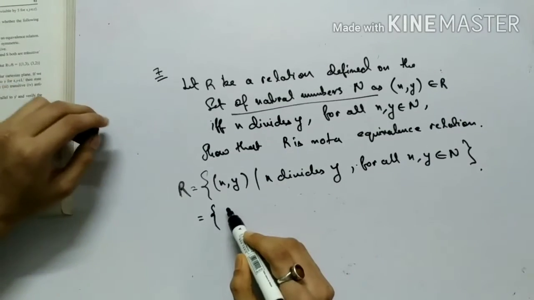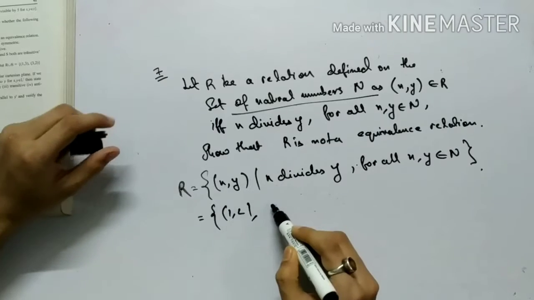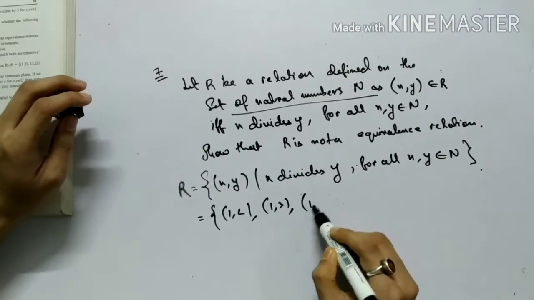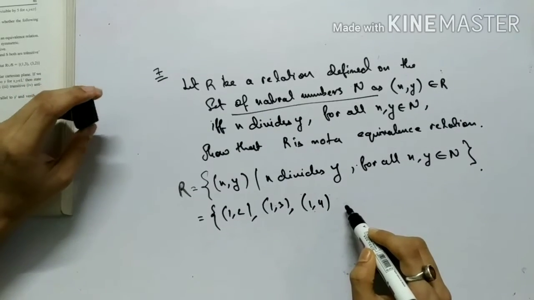So this relation will be (1,2), (1,3), (1,4).